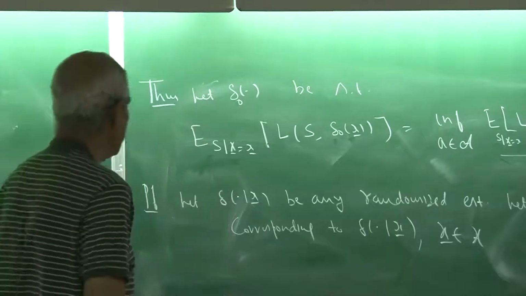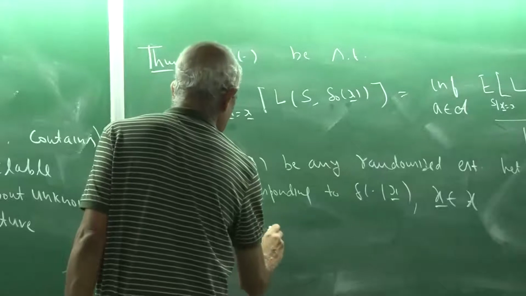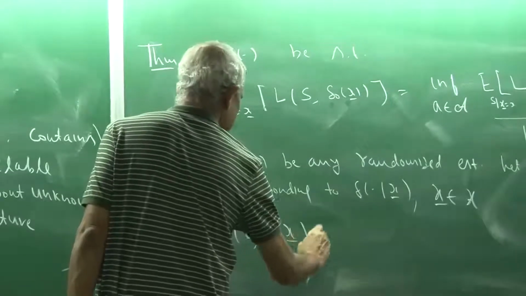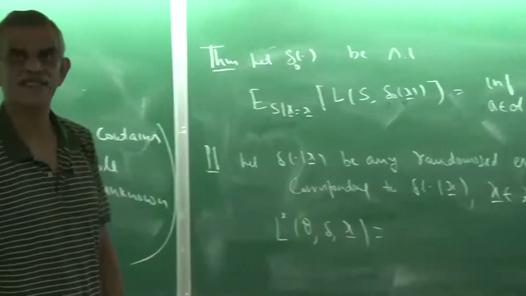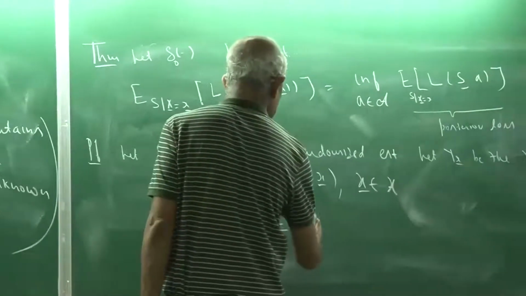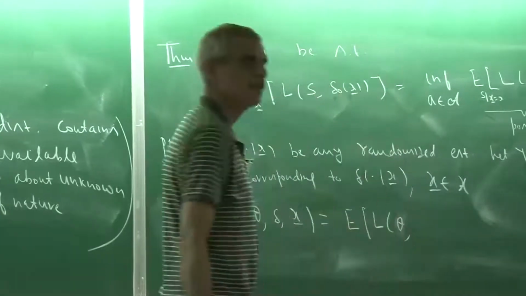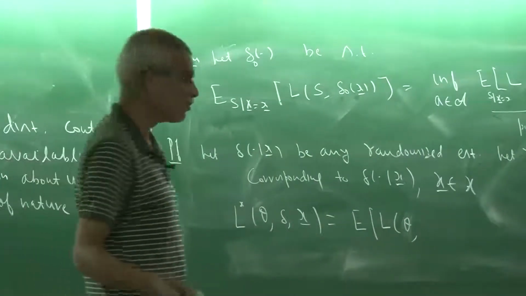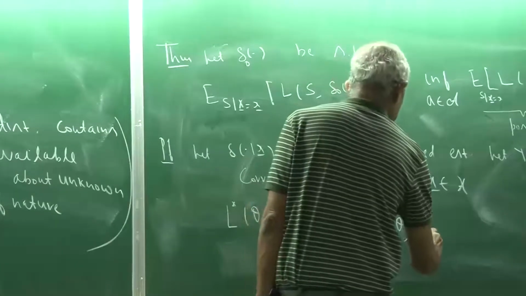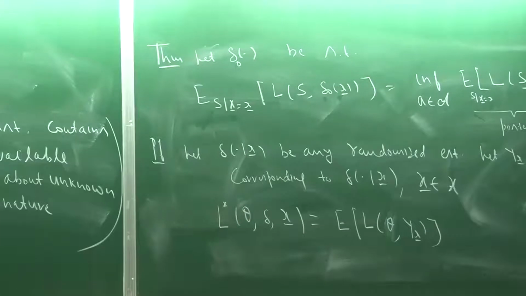The first average is L star theta delta x, and that is nothing but the expected value of L theta, for the time being, A is a random quantity which is Yx.